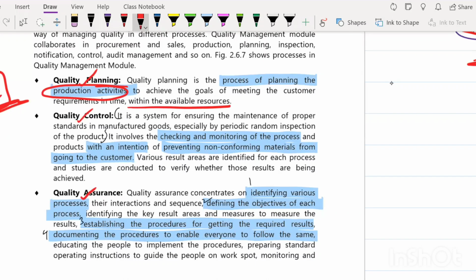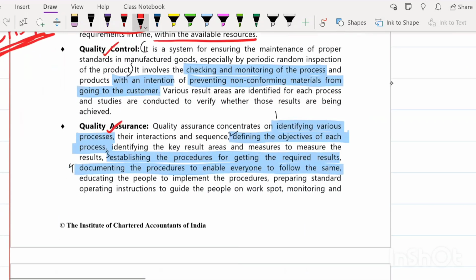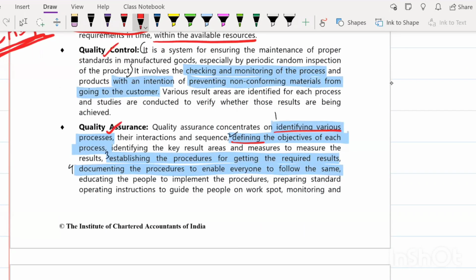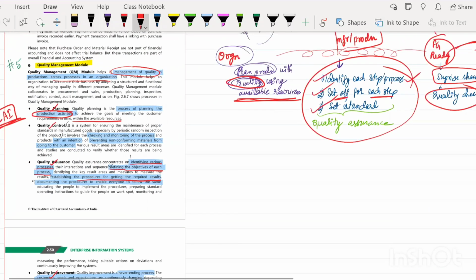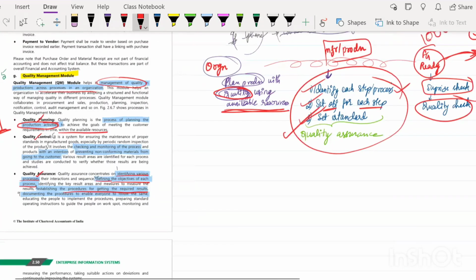That is your quality planning. Second is quality assurance, where you identify the various processes, identify the objective of each process, establish the procedure for getting the result, and then document it so that everybody else is also able to follow the procedure and get the required results.